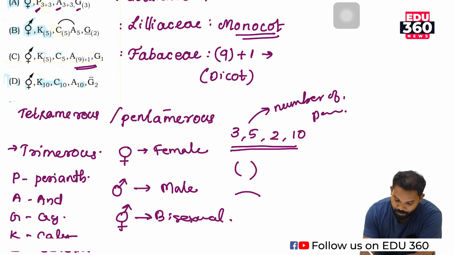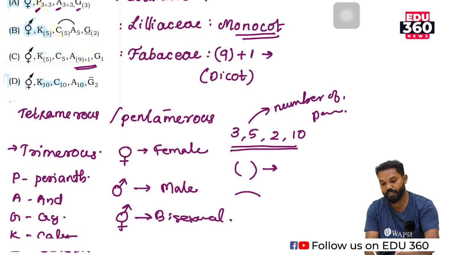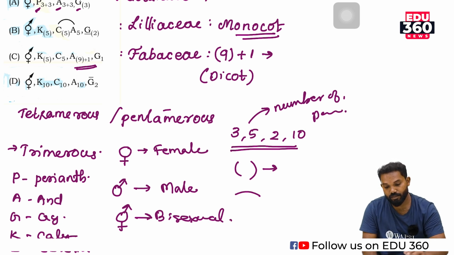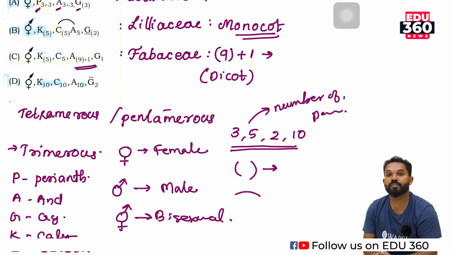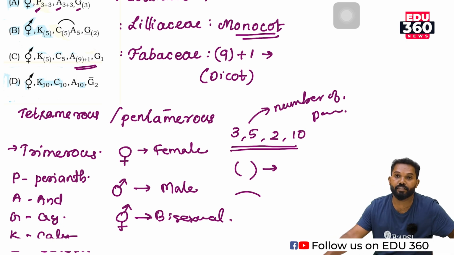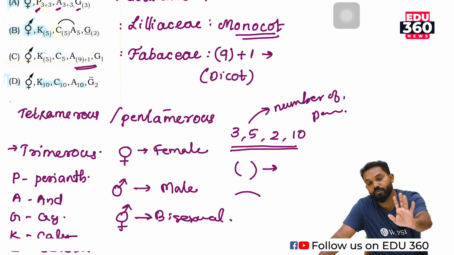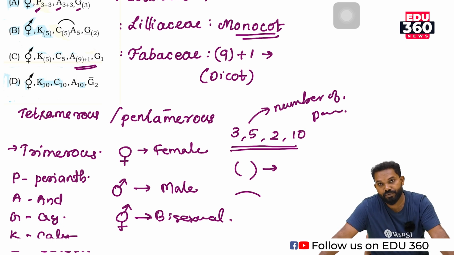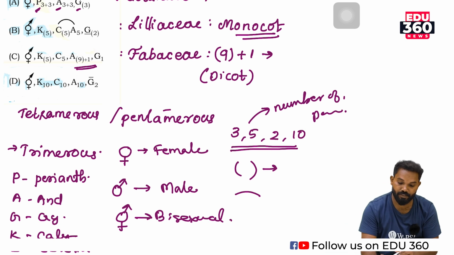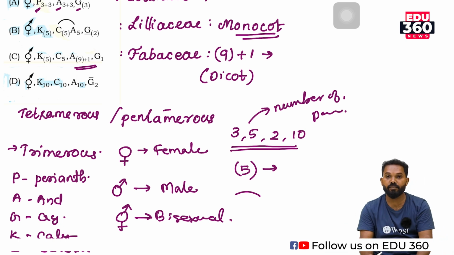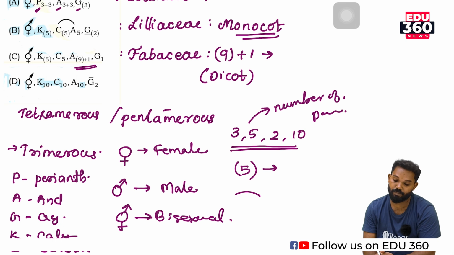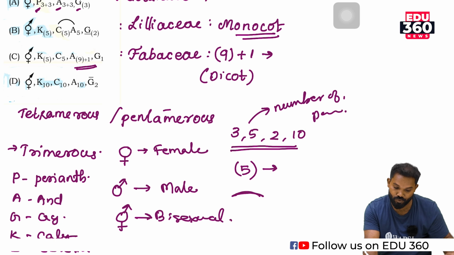A bracket means the parts are fused. If the numerals are without a bracket, the parts are free. If the carpels, sepals or petals are free, we use just numerals. If there are 5 sepals and they are fused, we write 5 within the bracket. And there is an arch between two letters or two digits.